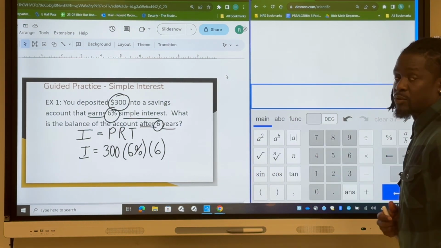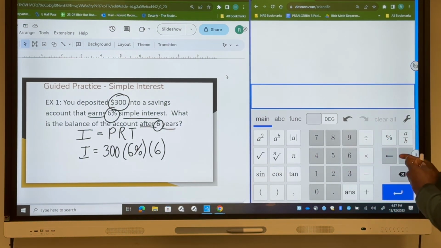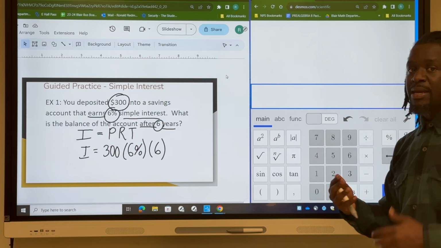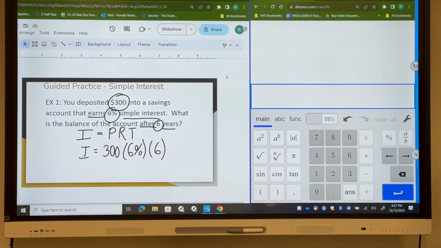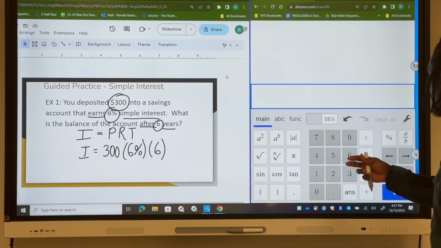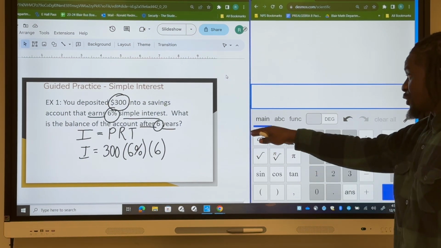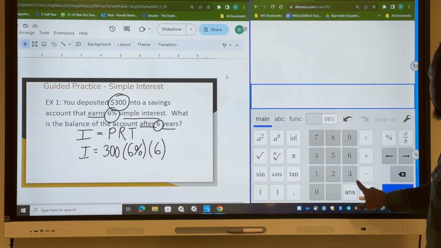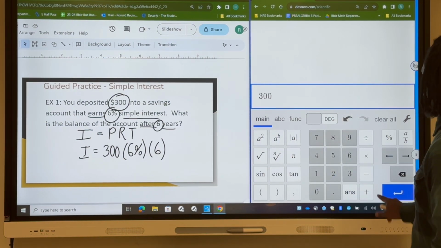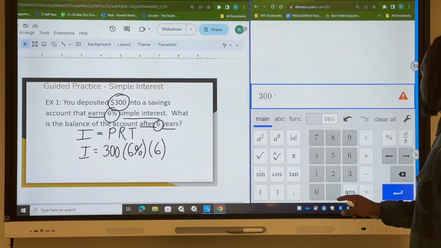If you will notice, I have the Desmos calculator pulled up, and I really want to make sure that you can use this. So we're going to enter our equation into Desmos together. We have 300 times 6%.